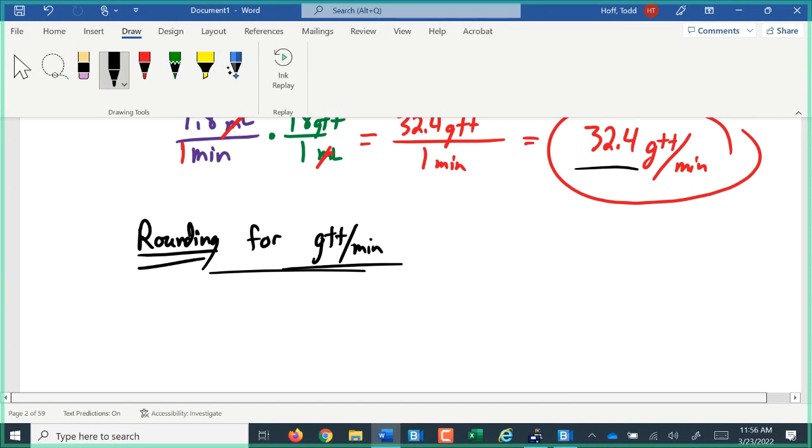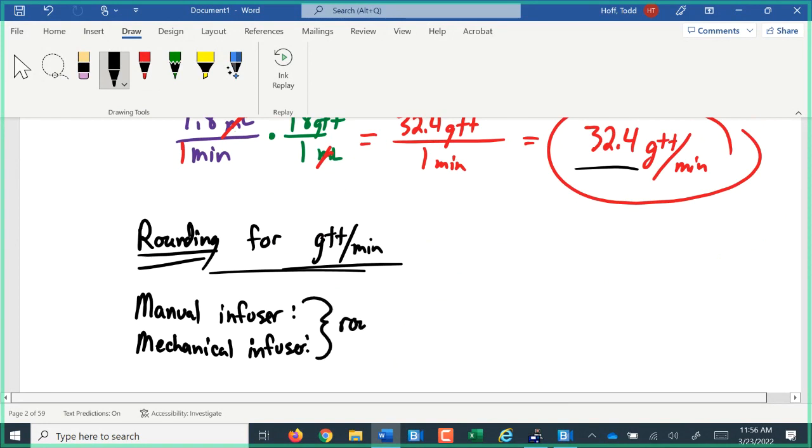If we have a manual infuser, which is the setup that I just described, it's literally the glass bulb in line of the IV, and you've got to count the drops dripping through that bulb, or a mechanical infuser, either of those, the industry standard is to round to the nearest 1 drop per minute.